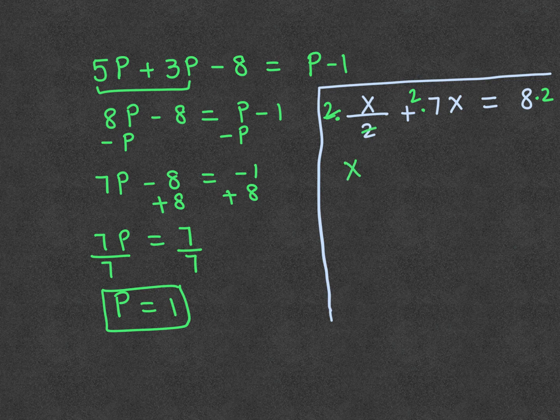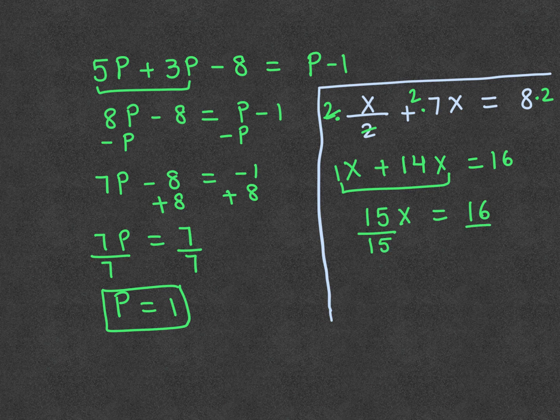I get x here. 7 times 2 is 14x equal to 8 times 2, that is 16. Combine these two terms. 1x plus 14x is 15x equal to 16. Divide by 15 on both sides. x equal to 16 divided by 15.